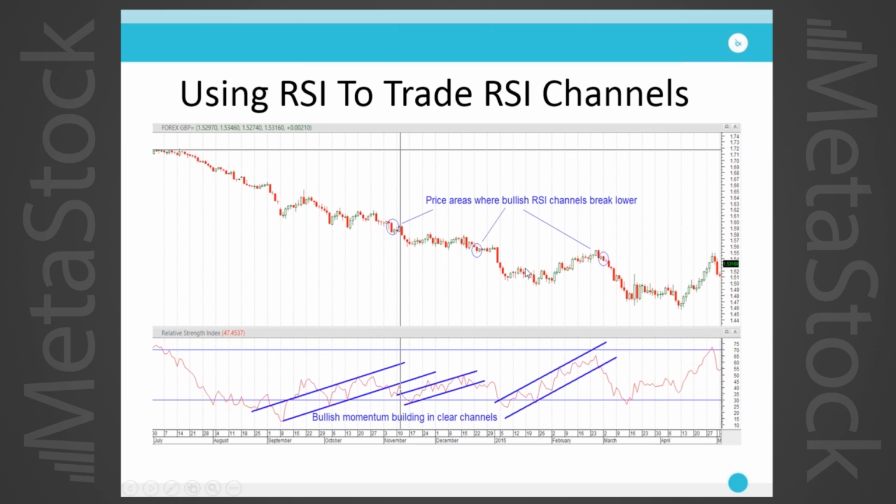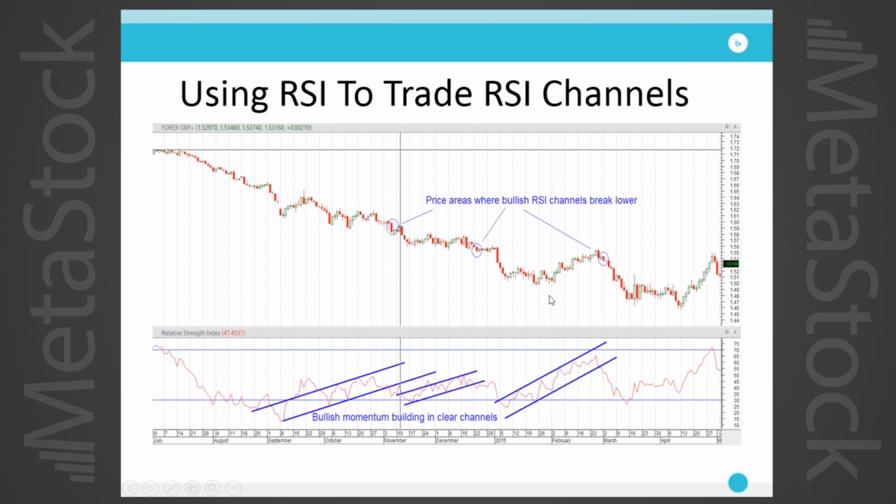and we drive lower within the overall dominant downtrend that we see. And then we see a final example of it here, and this is a really great one actually, because what we see here, in line with our bullish RSI channel, is a corrective bullish price channel against this broader downtrend.